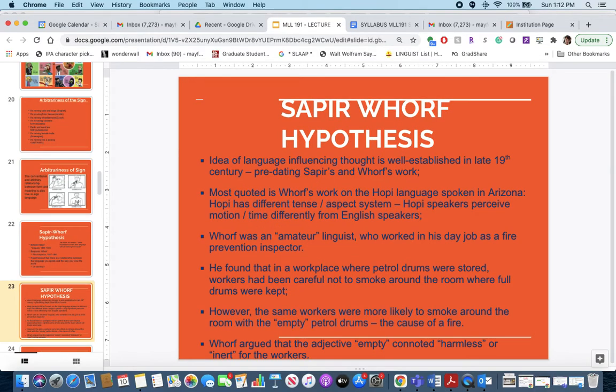A lot of the work about language influencing thought was well established in the late 19th century. It predated Sapir-Whorf's work. Most of Whorf's work on Hopi language speakers was in Arizona, and Whorf said they perceive time differently from English speakers. But consider English: we don't necessarily have a future tense, right?